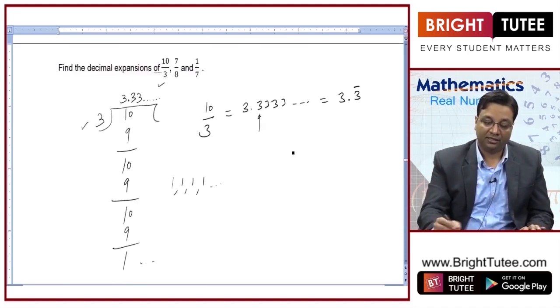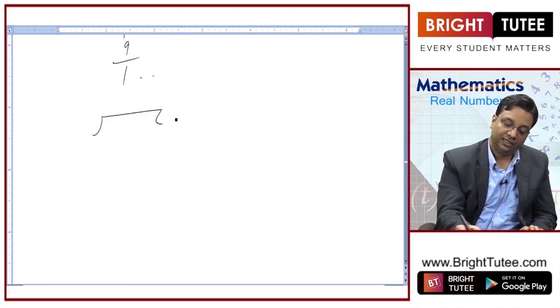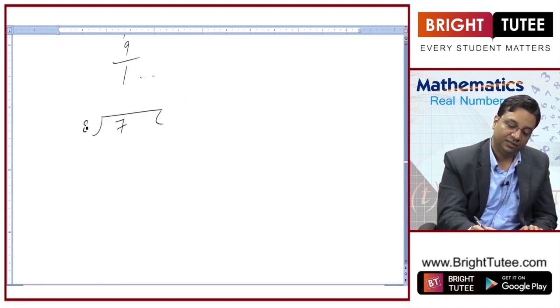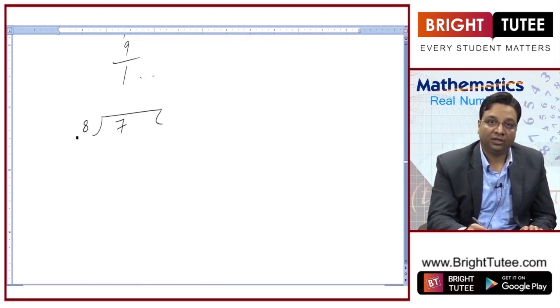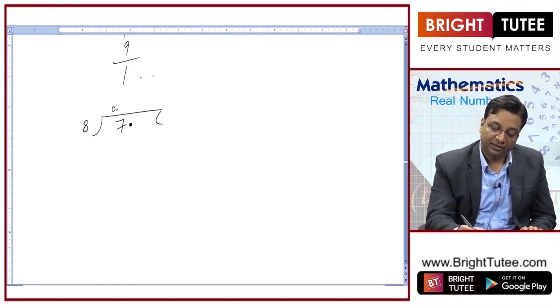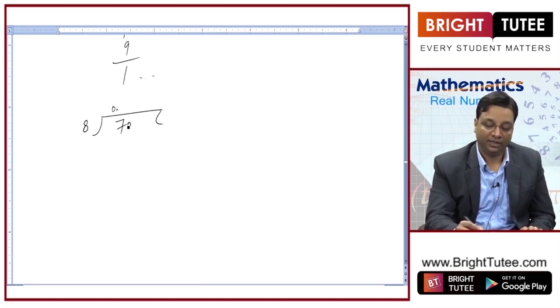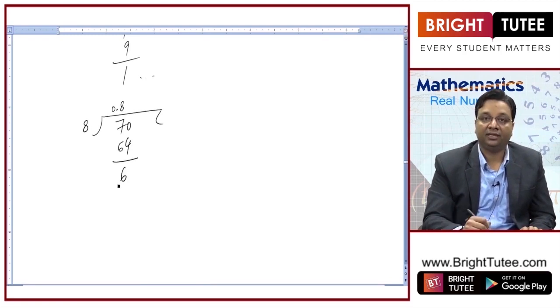Now let us look at the next number, 7 by 8. Again the division process, 7 divided by 8. Now 7 is already smaller than 8, so I will put a decimal here and then a 0 here. Now 8 8s are 64, 6 is the remainder here.